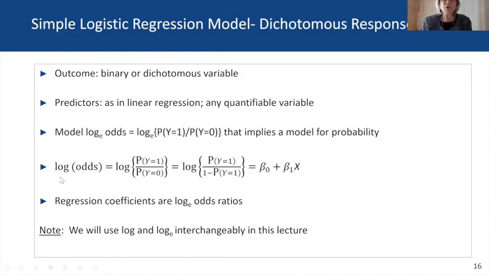And then in the fourth bullet, we can write a simple logistic regression as the log odds of the event. The equivalent way of framing this is the log of the probability that y equals 1 divided by the probability that y equals 0.